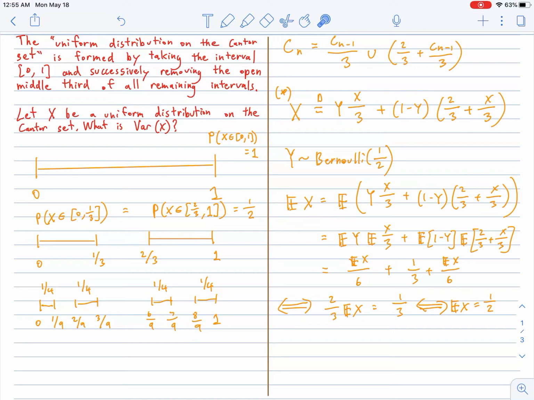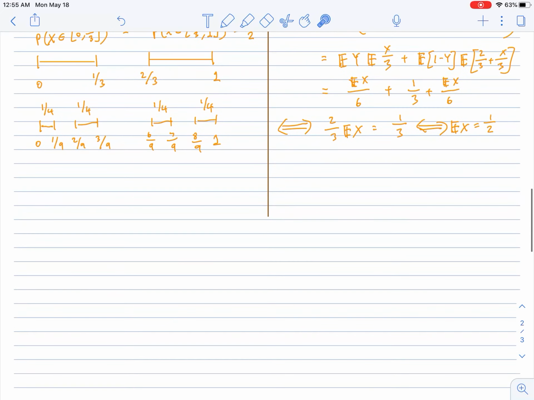Now, the difficult part is computing the variance, but that's not that much harder to do now that we know the strategy of using the representation given by the star expression. So continuing with this labor, we now want to compute the expected value of X squared.